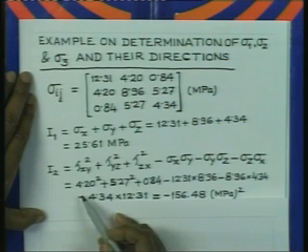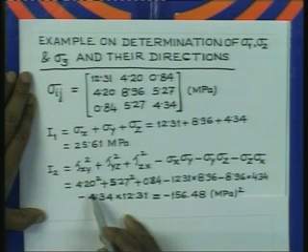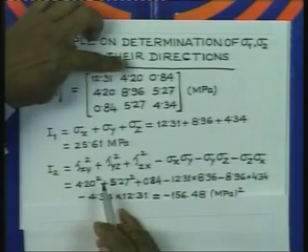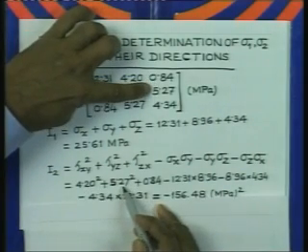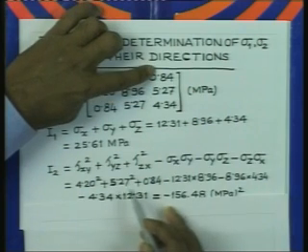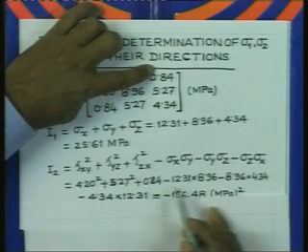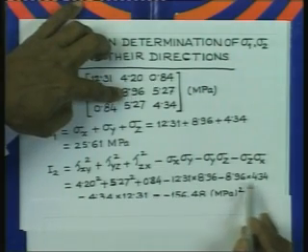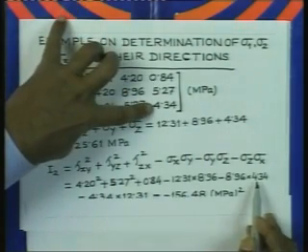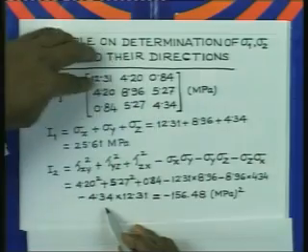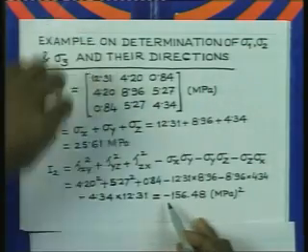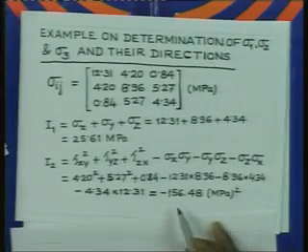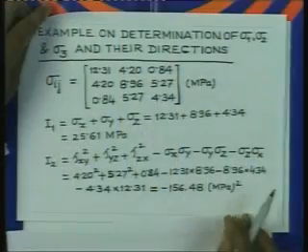So, when I substitute the values, this is 4.20, this stress 5.27, this is 0.84, then we have 12.31 into 8.96, 8.96 into 4.34 and then 4.34 multiplied by 12.31. So, on simplification this will become 156.48 megapascal square.